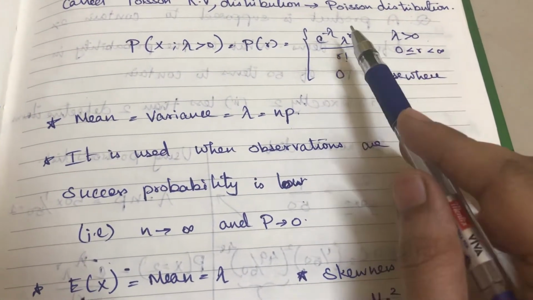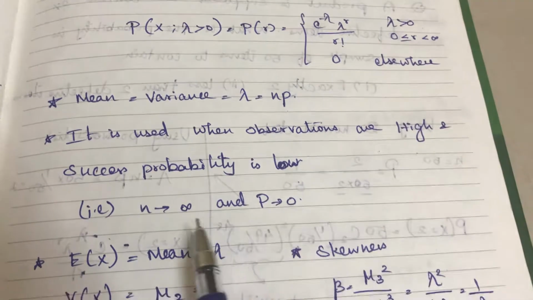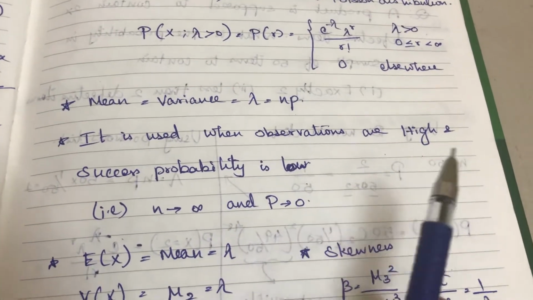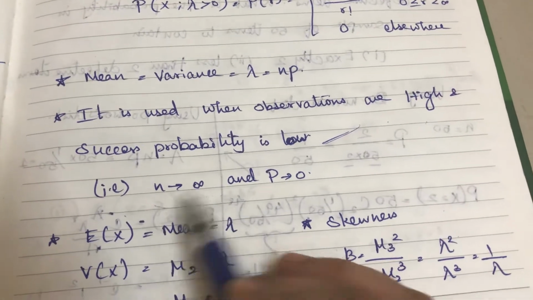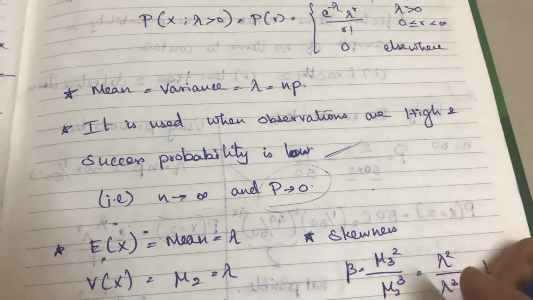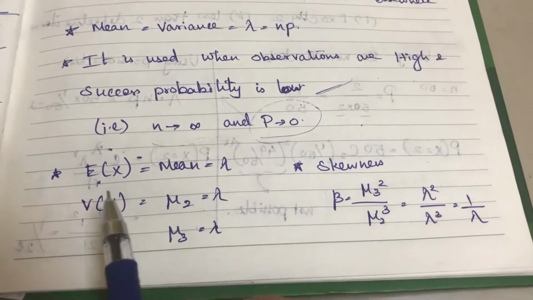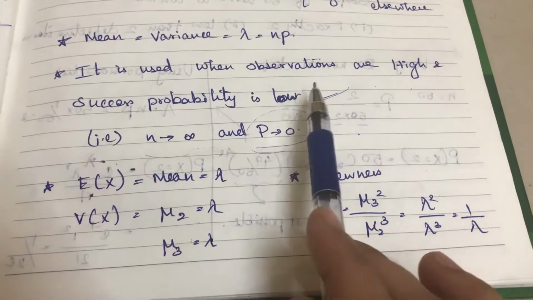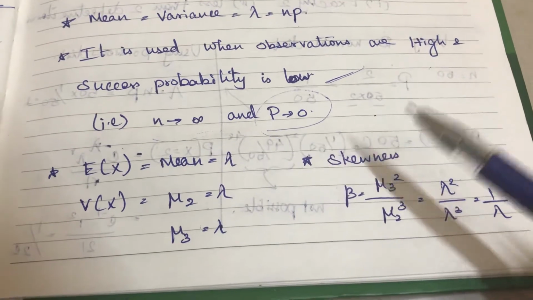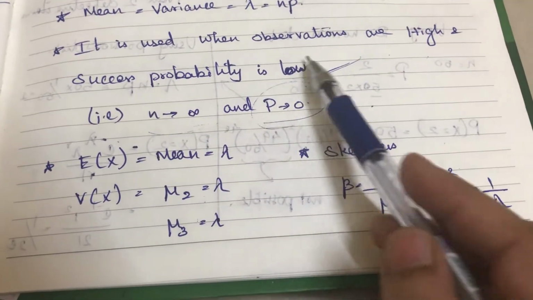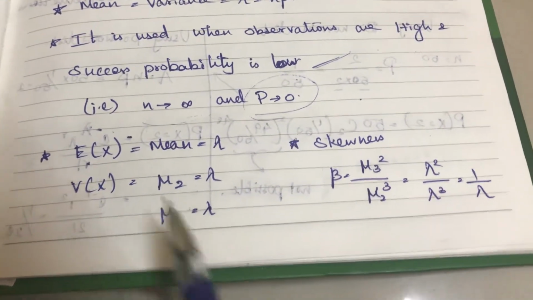N means the number of times will be infinity, and p is equal to 0. So n will be infinity and p will be 0. The success is 0. So the observations are higher, like the number of times will go on, and the success is low, which is nothing but 0.